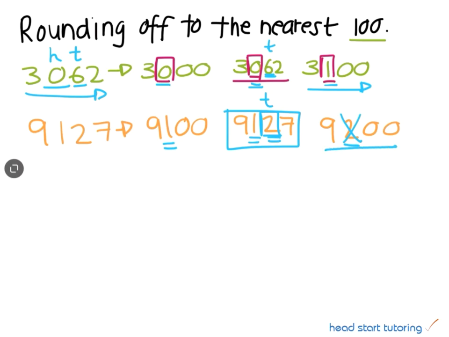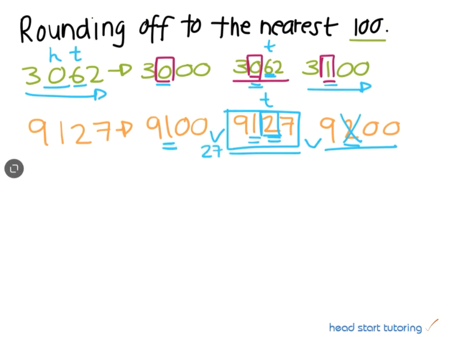But because it is a 2, we are not going to round it up. It's going to stay as 9,100 because 9,127 is closer to 9,100 than it is to 9,200, because the difference there is 27 and the difference here is much bigger.